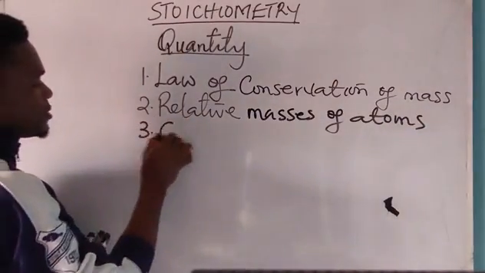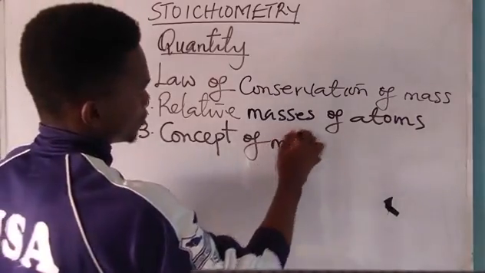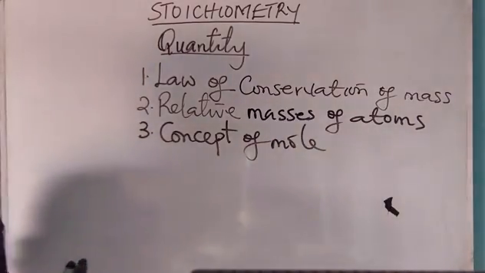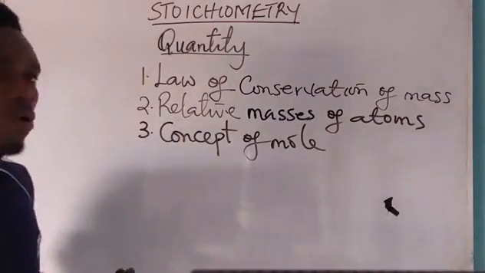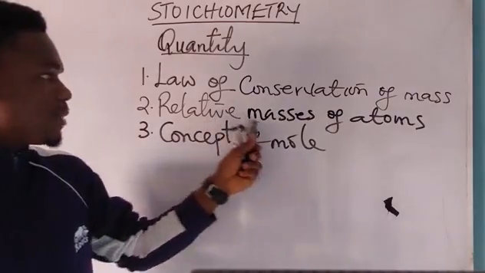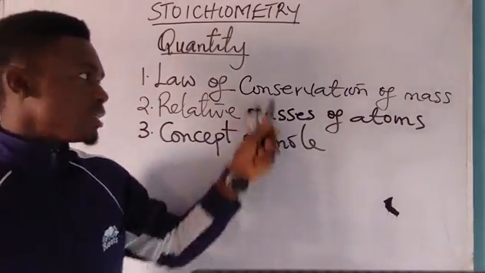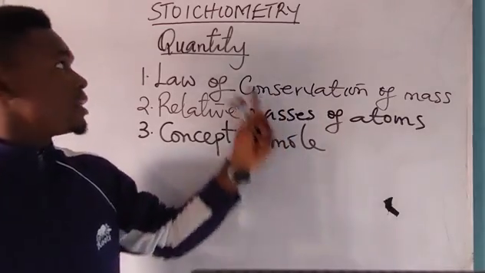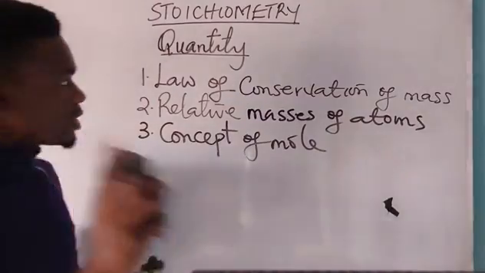Number three is the concept of mole. So these are the three criteria that stoichiometry depends on. Please take note of that.